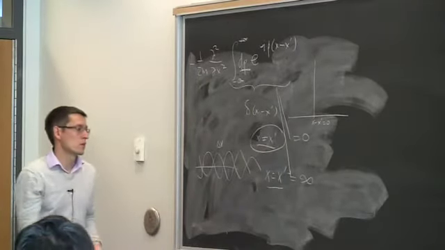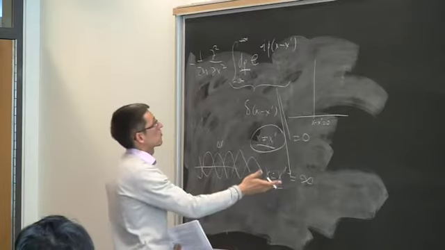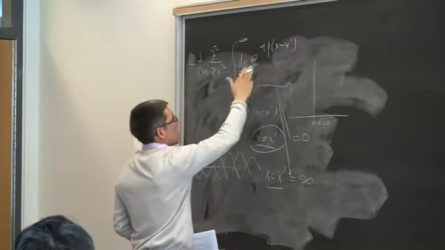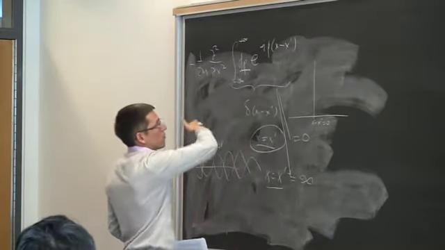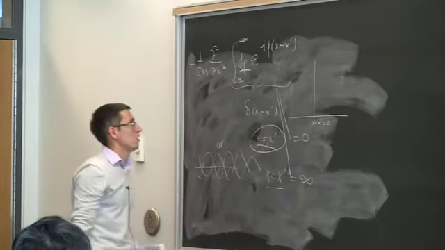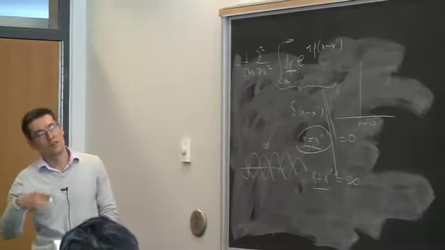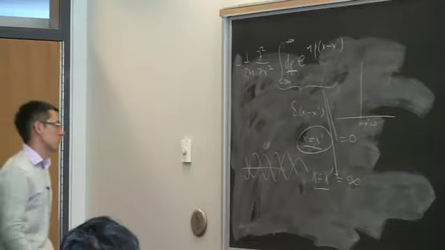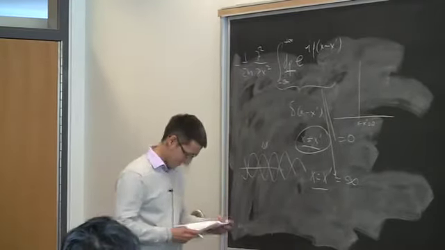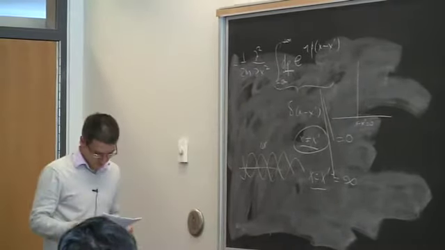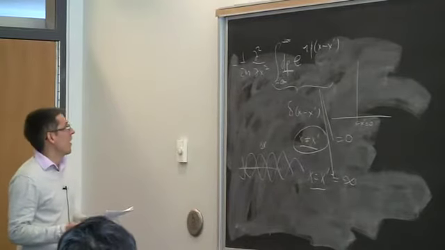Because for x equals x prime, you have 1 here, and you integrate over the whole space, and you get an infinity, because you have plus infinity minus infinity, so it's even two infinities, although two infinities is the same as one.